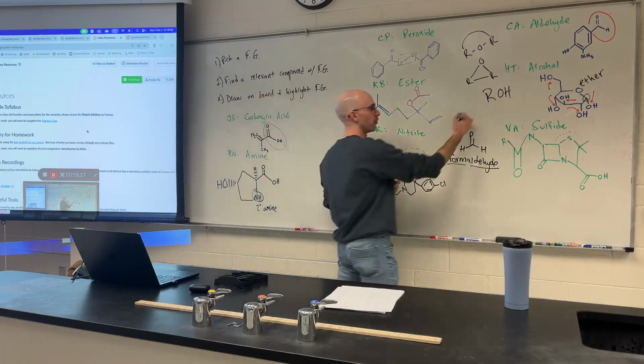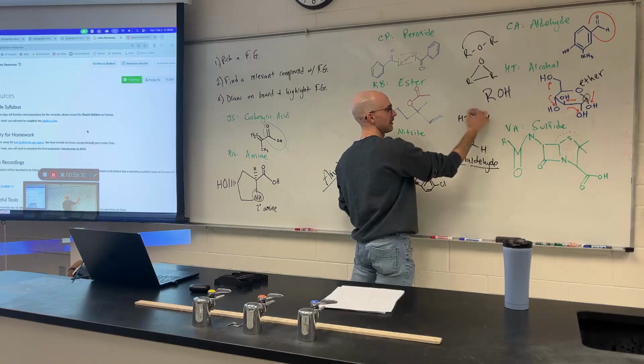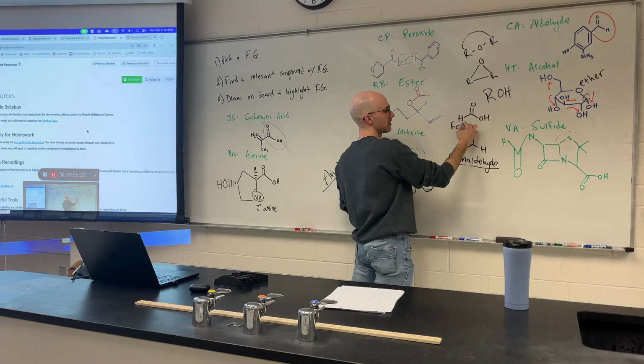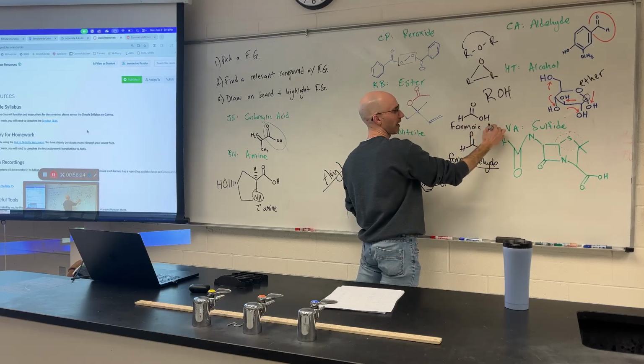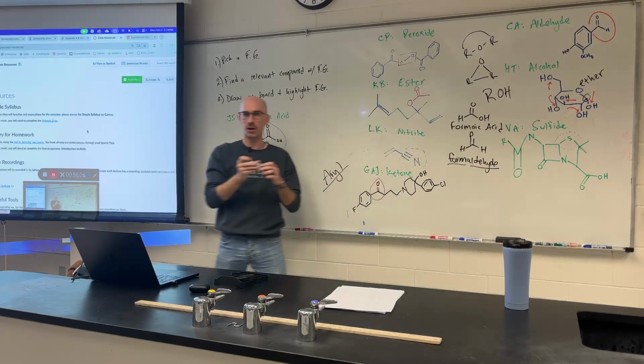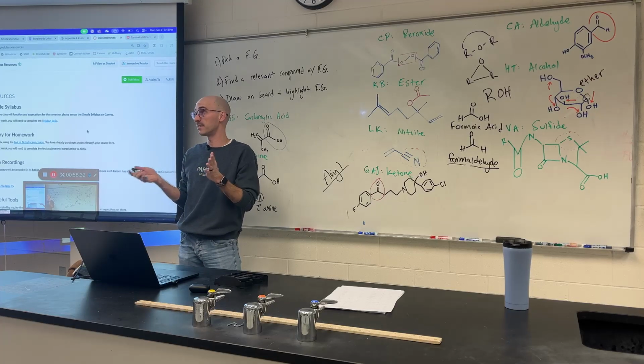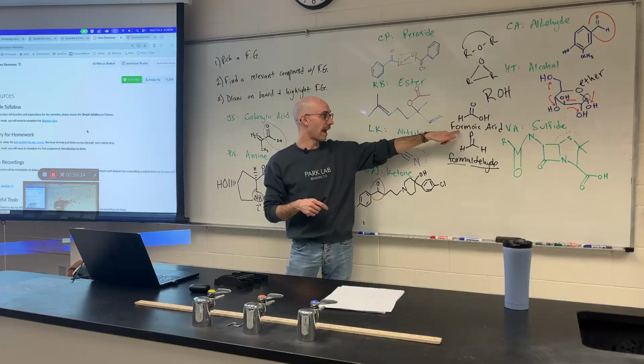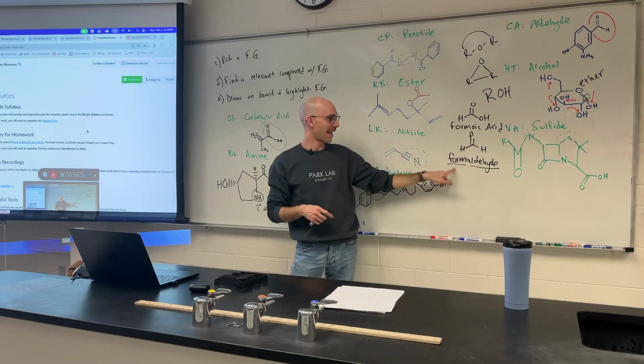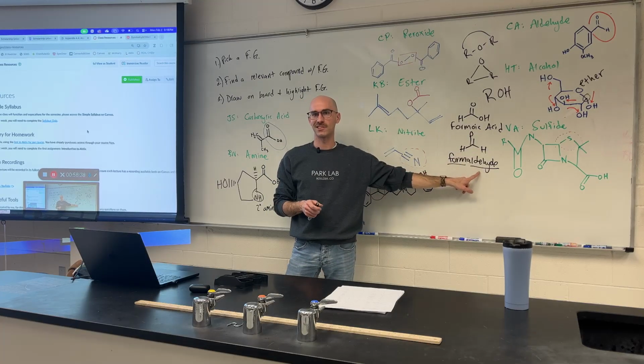As opposed to formic acid, which is an aldehyde carboxylic acid, because that carbonyl, that C=O double bond, is both an acid, carboxylic acid, and an aldehyde at once. So aldehyde, acid, aldehyde. So fun.